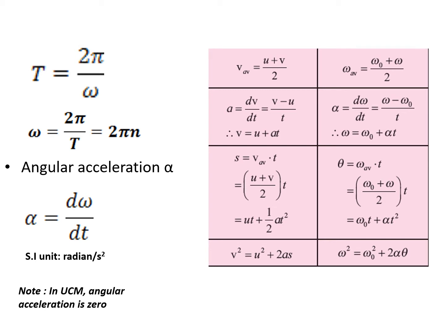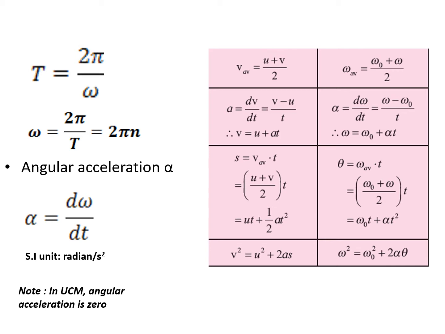The next physical quantity is angular acceleration denoted by alpha, and it is defined as the ratio of angular velocity by time. So alpha is equal to d omega by dt. The SI unit of angular acceleration is radian per square second. One thing to be noted is that in uniform circular motion, angular acceleration is always 0.